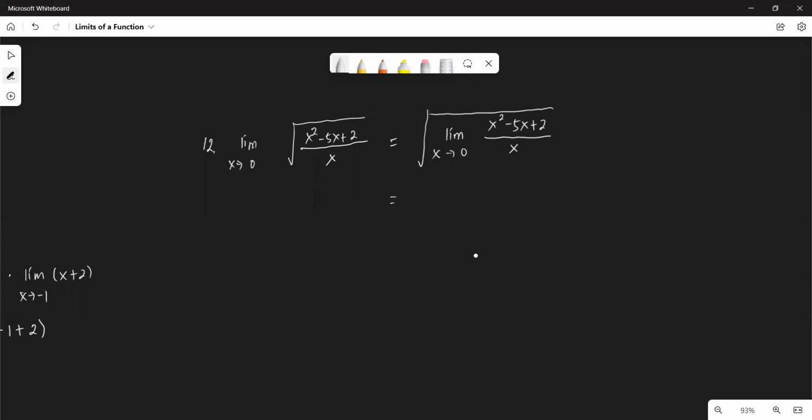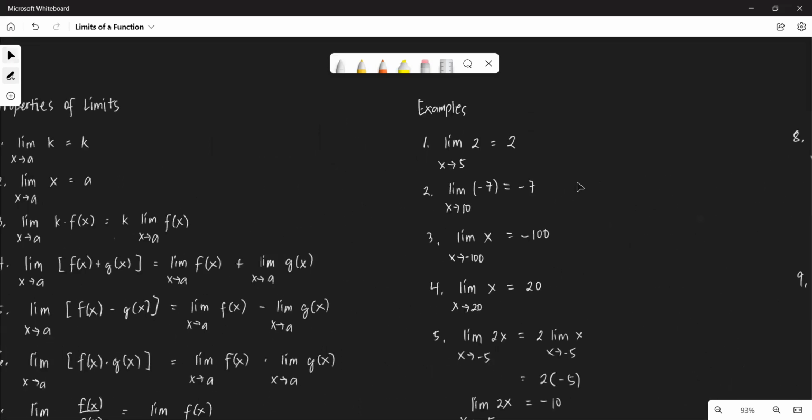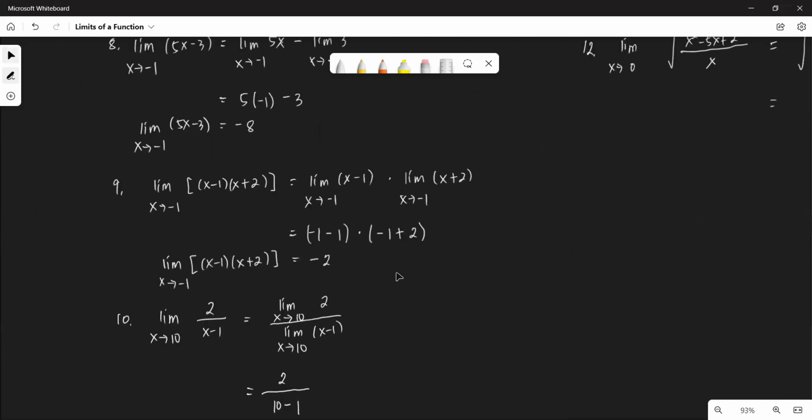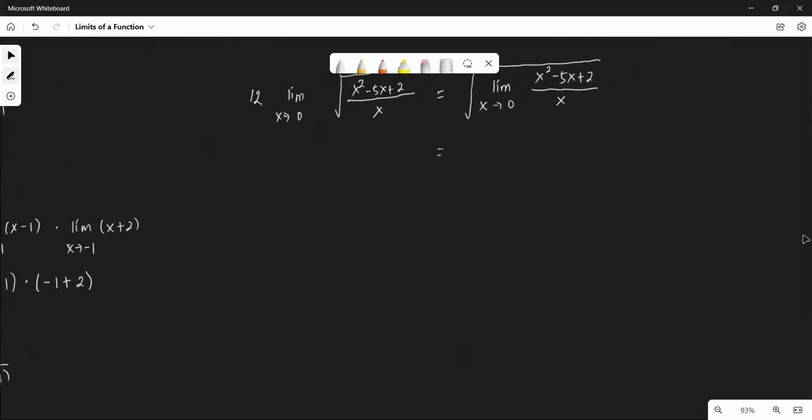Okay, so using the property number, what was that for the division? Number 7. Okay, yes, it's number 7. So we get the square root of, so let's make it bigger.